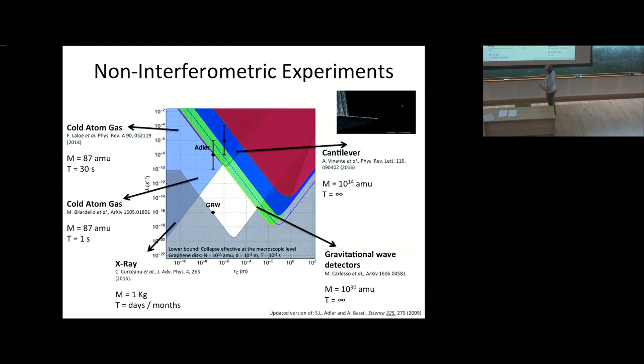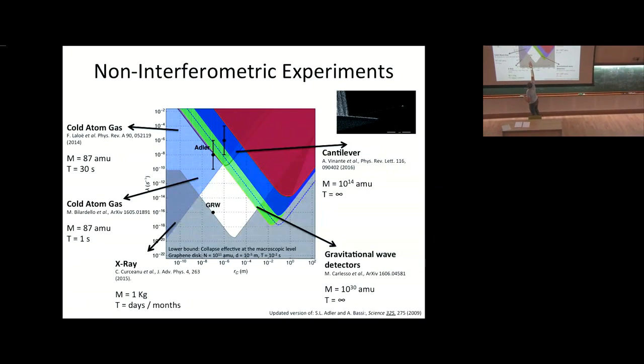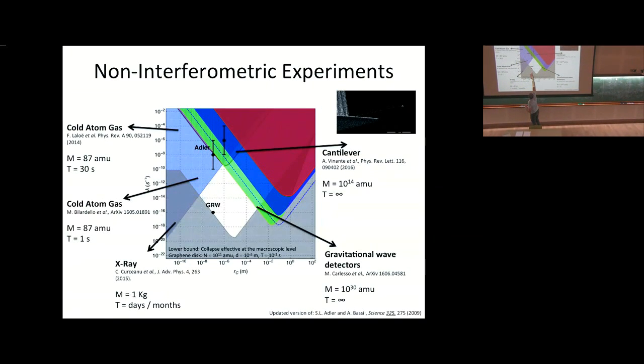Sorry? Which is this one? 10 to the minus 11, more or less, to 10 to the minus 16, five orders of magnitude, which is much better than a few years ago.